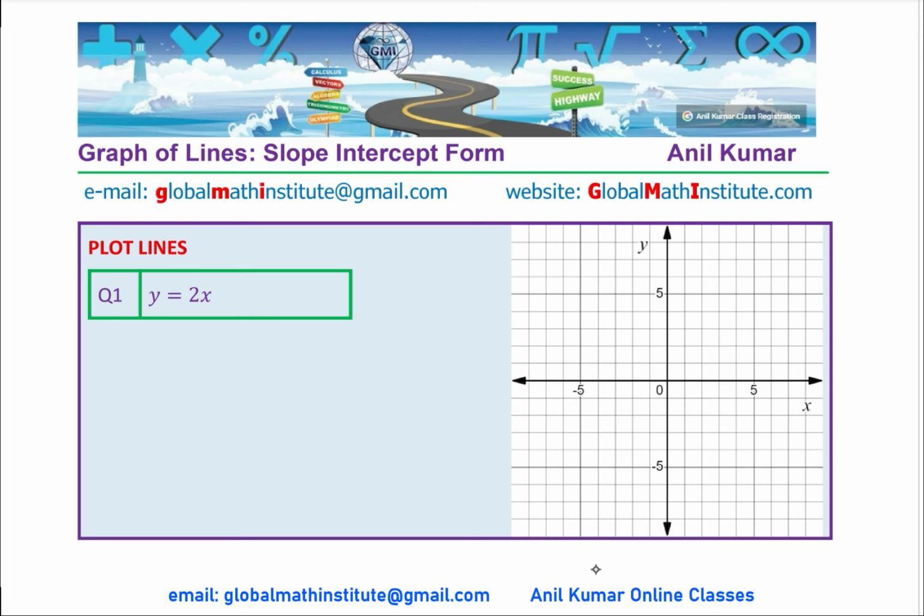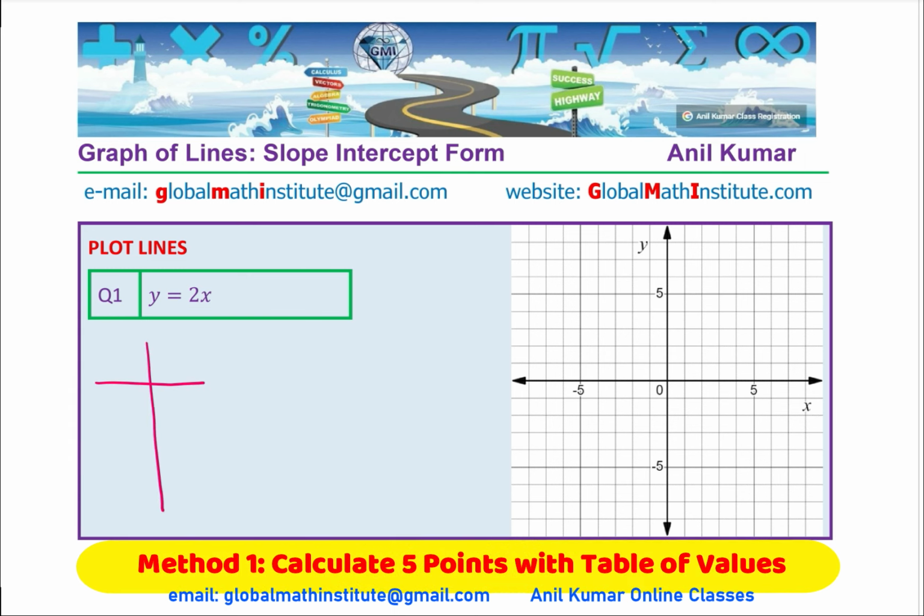The very first one is y equals 2x. Now the common technique is to make a table of values, correct? So in the table of values, you will write x values, y values, right? So y equals 2x. By default, the points which we choose are minus 2, minus 1, 0, 1 and 2.